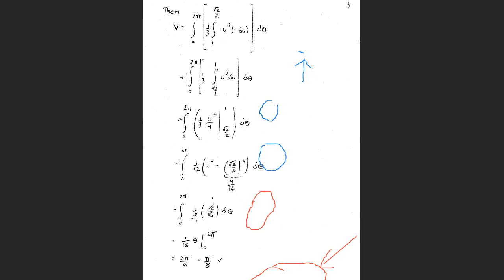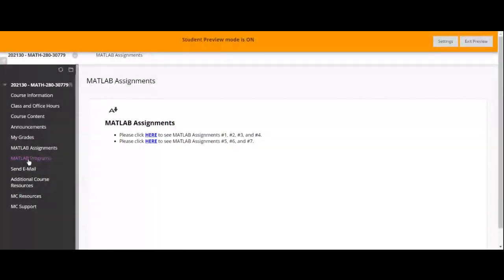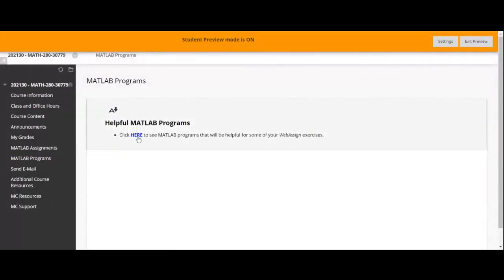Now, what would be nice is if we could verify this result in MATLAB. Well, we can. Let's go into Blackboard, into MATLAB programs.